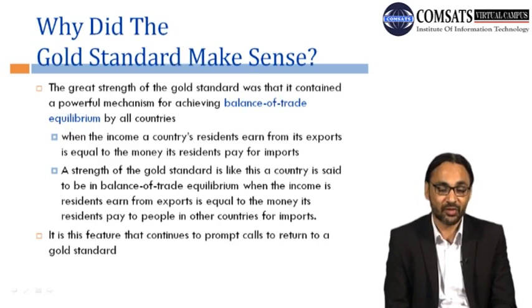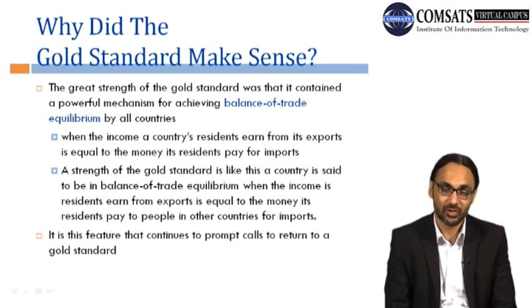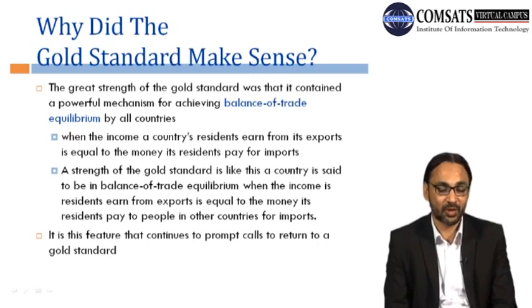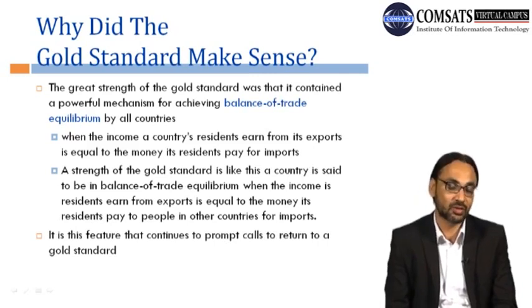A country is said to be in a balance of trade equilibrium when the income its residents earn from export is equal to the money its residents pay to people in other countries for imports. It is this feature that continues to prompt calls to return to a gold standard.